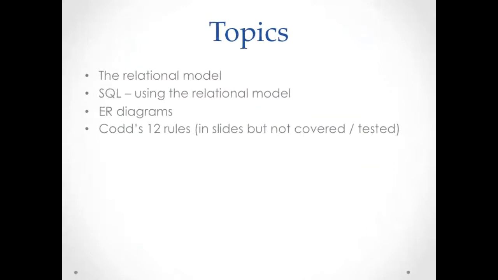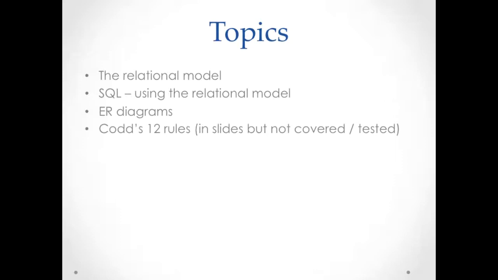We're going to talk a little bit about the relational model. I do have the slides in here about Codd's 12 rules. I will post the original paper on Codd's 12 rules from the 1970s. Codd is one of the people who conceptualized using the relational model to store data, and he's generally thought of as the founder of relational databases. It's more for your perusal.